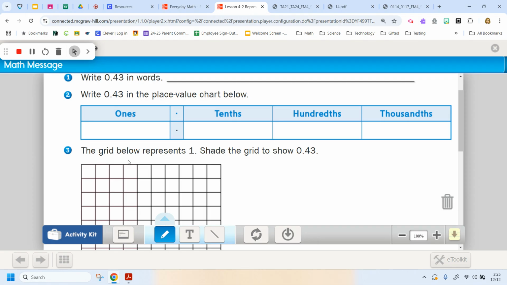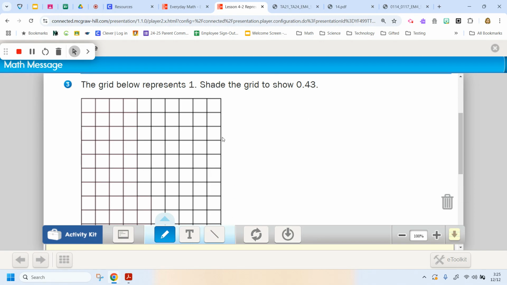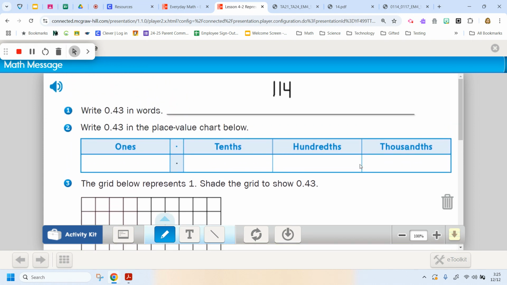Shade in the grid. We talked about yesterday how this whole flat represents 1. Each long represents 1/10, and each little square represents 1/100. So you are shading the grid to show 43/100. So you're going to go ahead and do the first 3 problems on page 114 and pause this video.